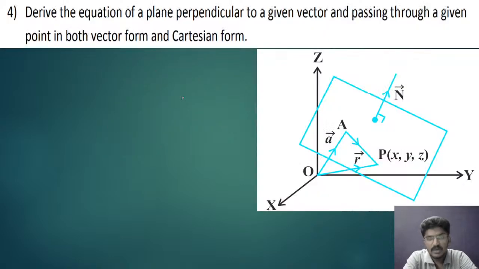Okay. Now I will go for derivation of the equation of the plane. Derivation of the equation of the plane when the perpendicular to the vector is given. See here, this is the given vector perpendicular to the plane.